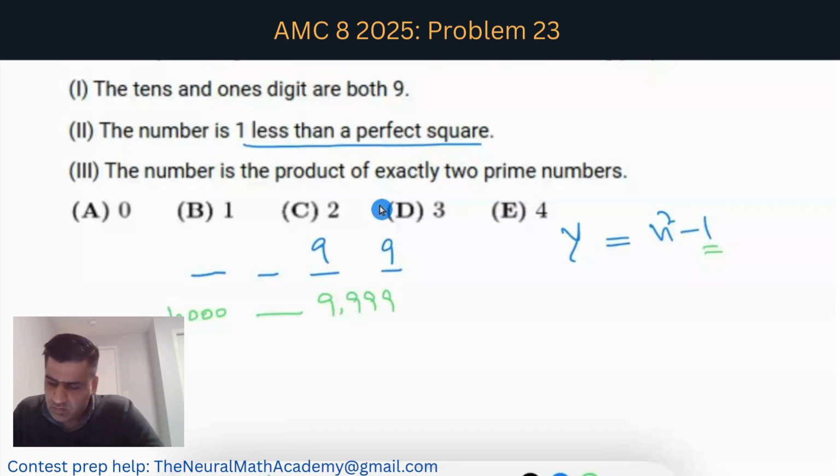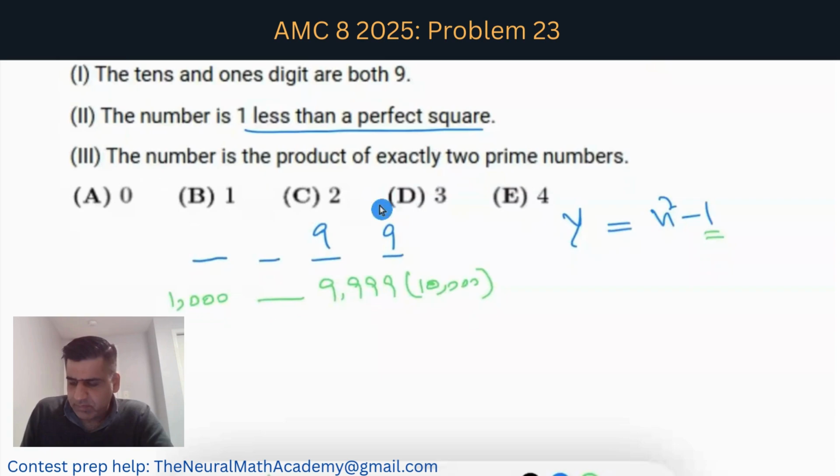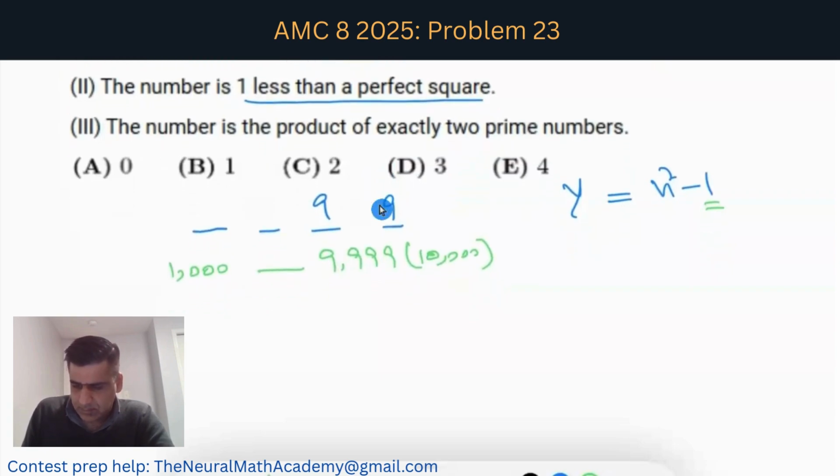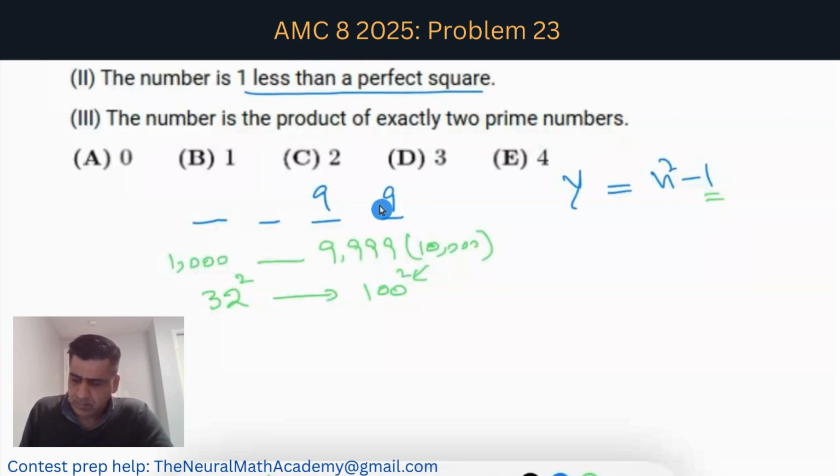Okay. So now just to make things easier, I'm just going to take this one as 10,000. So if I take the squares which are between this range, then they will start from 32 and they'll go all the way up to 100 for this one. Okay, 100 square.